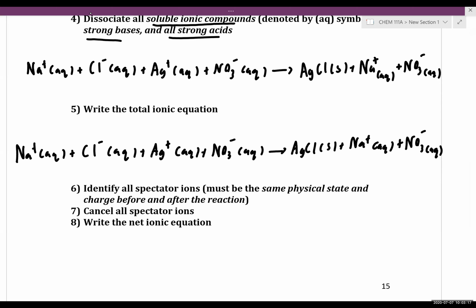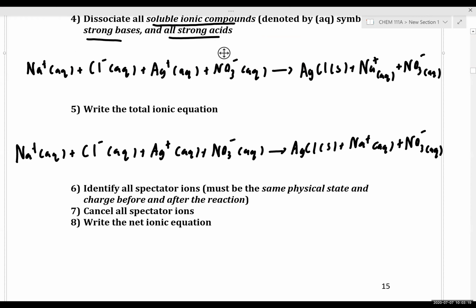So, which ions are our spectator ions in this case? Which ions are exactly identical before and after the reaction in physical state and charge? Sodium, yep. And nitrate, yep.